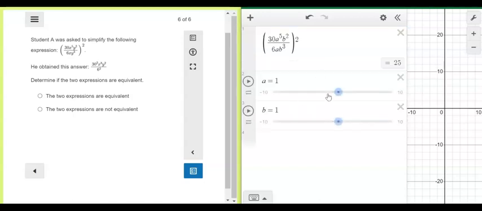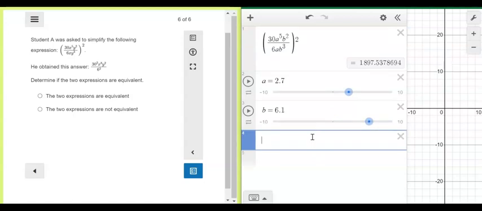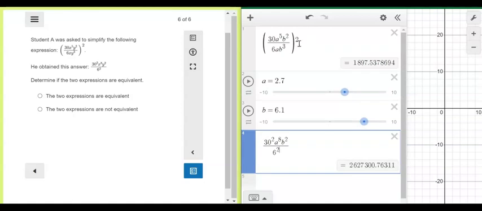Let's see. 30 squared, a to the 8th power, b to the 2nd power, and then 6 squared. I just confirmed that I typed everything correctly. Yep, well, they are not equivalent.